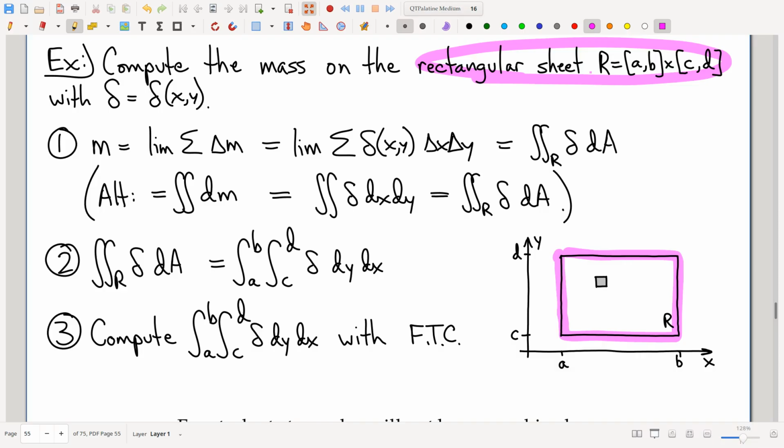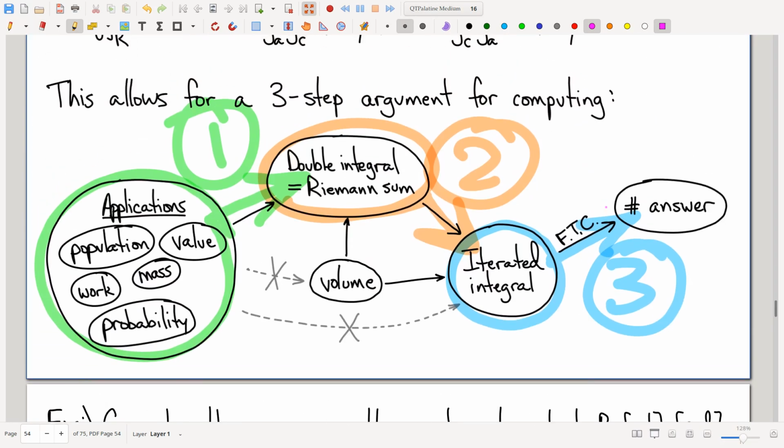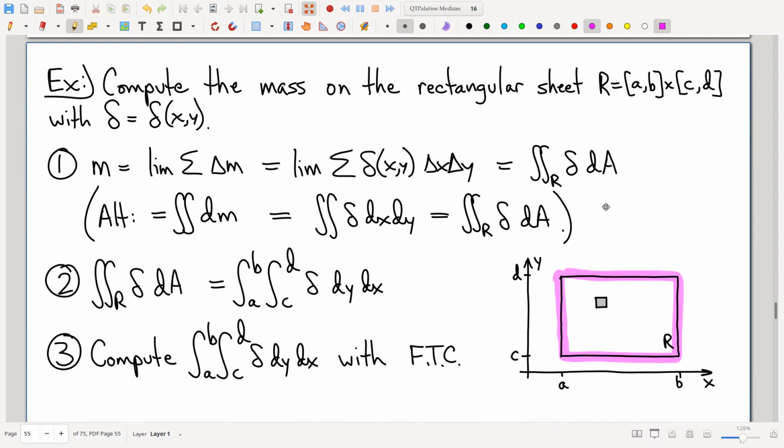It's a pointless effort. The much easier way to do it is to argue as follows and say, look, per this roadmap, let's write the answer to our question as a double integral. How would I compute mass as a double integral? Well, I first observe that the whole is the sum of the parts. Mass is what I like to call an accumulating quantity.